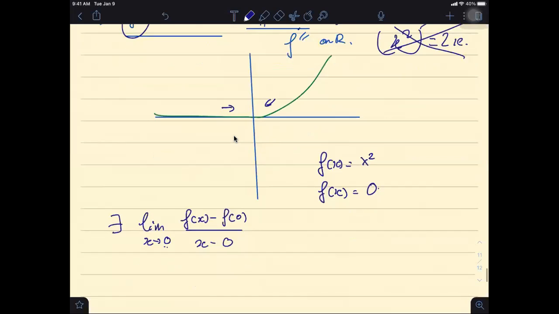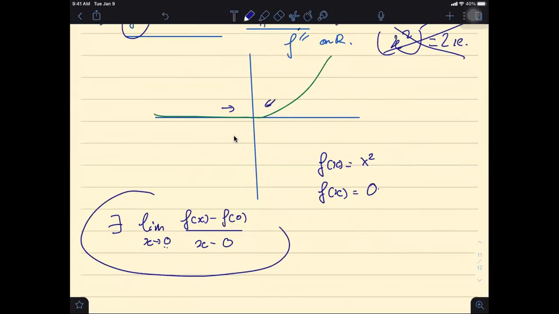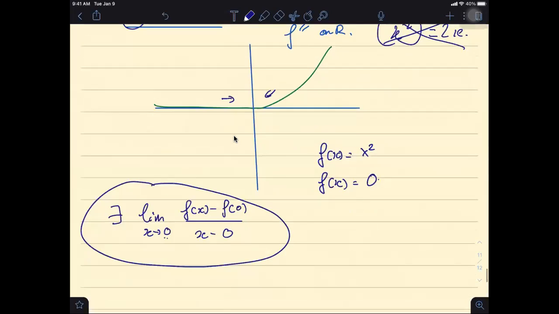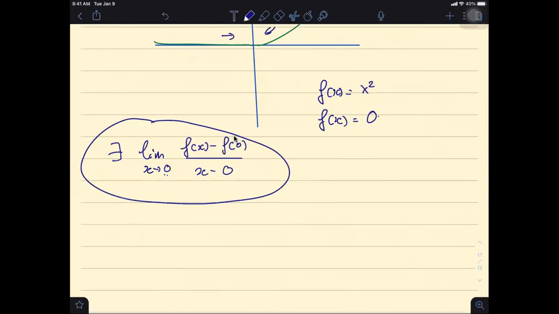Then you want to show that this limit exists, so the limit as x approaches 0 exists when the limit from the left equals the limit from the right.